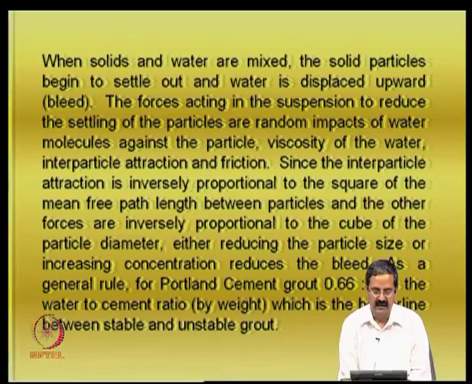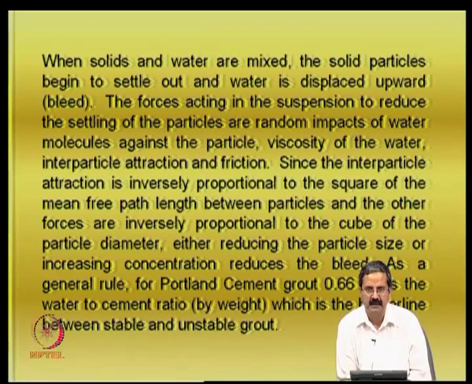So either you reduce the particle size or increase the concentration, which indirectly leads to a smaller mean free path. Bleeding depends on the availability of water, which should not be much. If it is too much, the possibility is that the bleeding is also higher. So there should be proper mixing and all that.